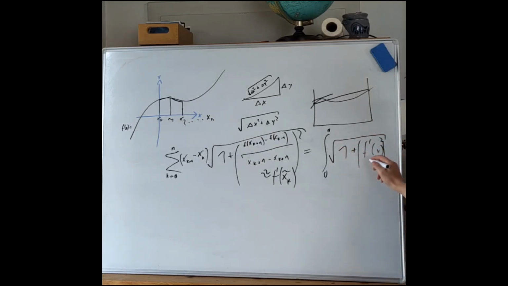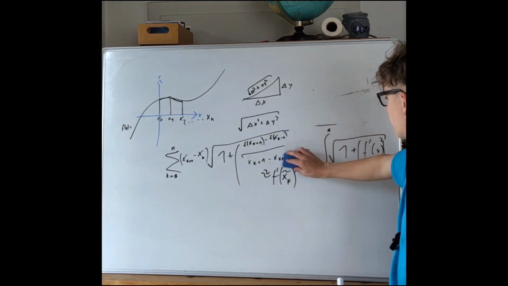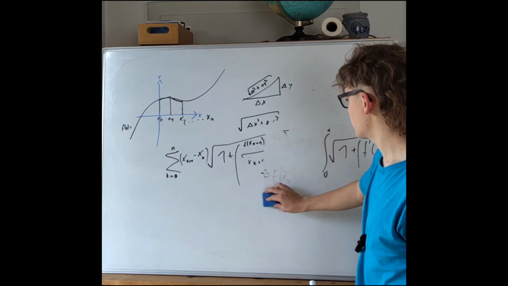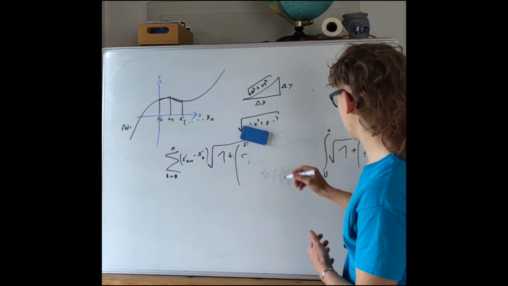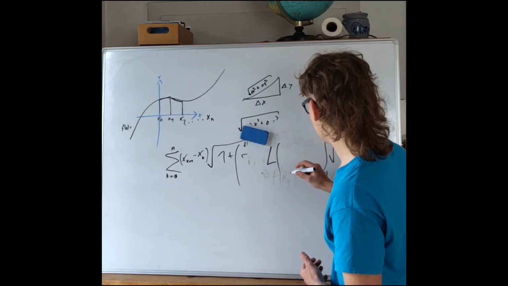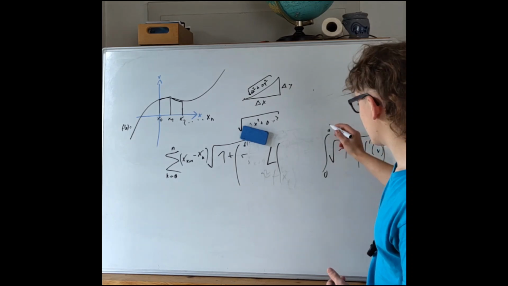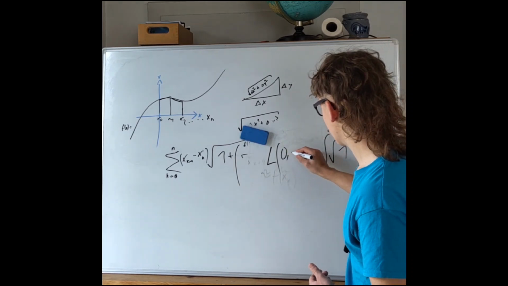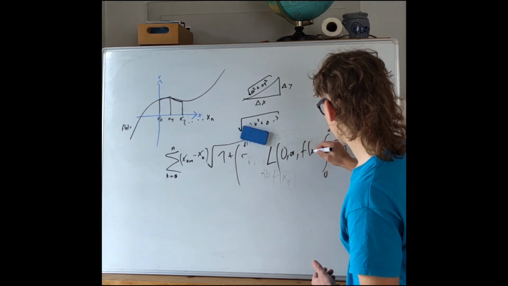Okay, so this is the formula. We're going to use it to find out some other values right now. Because I'm not the first one to find this out, it is called the arc length and is denoted as L of, well, we started at 0, so we plug in 0, comma a, comma f of x.